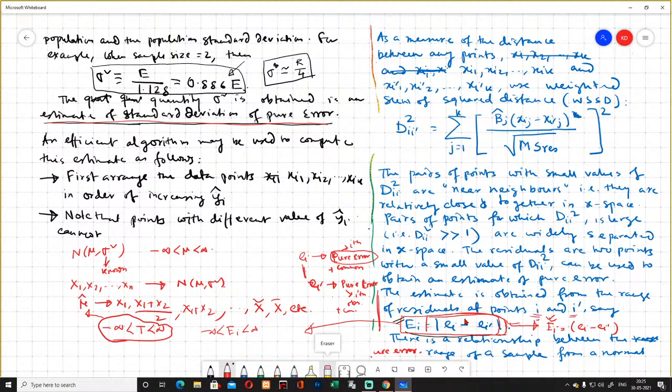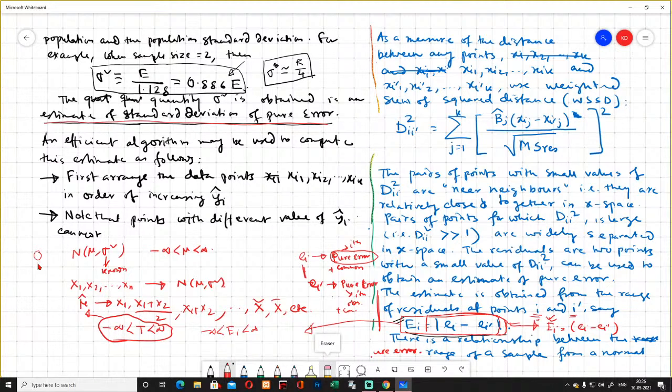No, you cannot estimate this. I already mentioned this. For estimating pure error, I need more observations for a particular level of xi. Otherwise, we cannot get the pure error. Why? I am telling you.